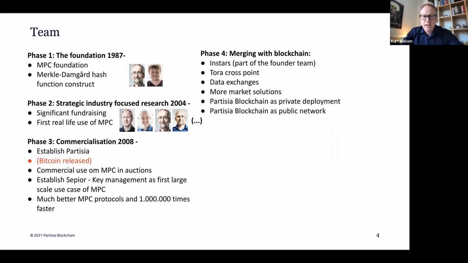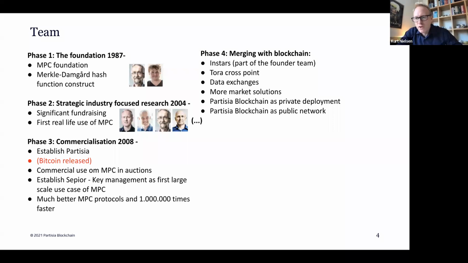That was also the beginning of phase 3, where we established Partisia, which has been the pioneer for this technology and brought it into commercial use. Interestingly enough, it was only a short time before the release of the Bitcoin protocol, so they were in the market at the same time.